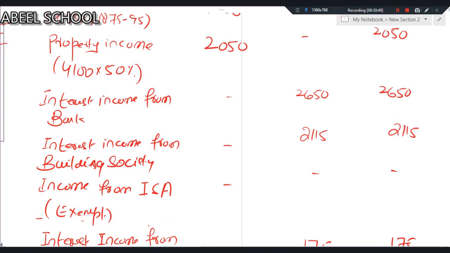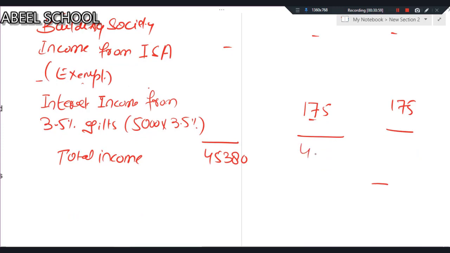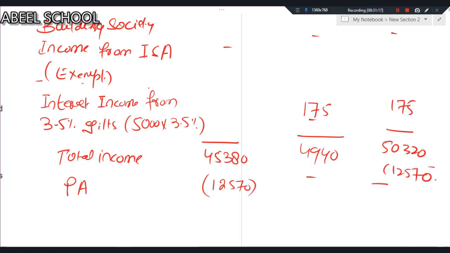Now make the column total of saving income: 2650 plus 2115 plus 175. I'm getting 4,940. 4,940 plus 45380, so it is coming 50,320. Obviously the personal allowance will be deducted from the non-saving income, 12570.